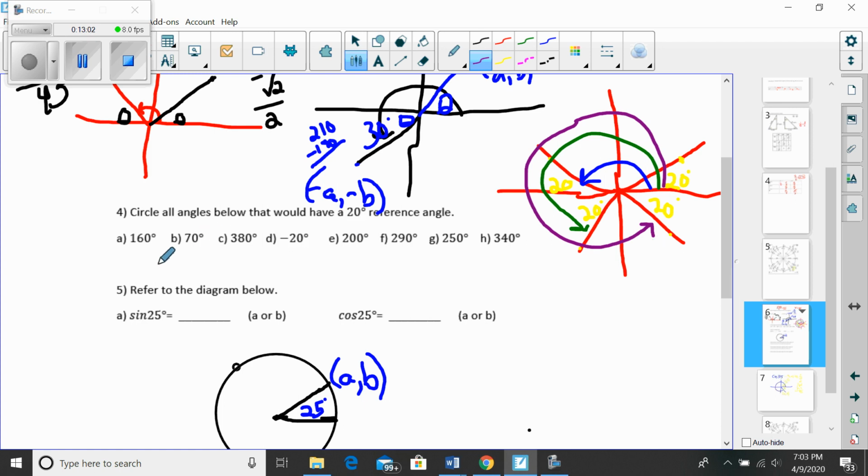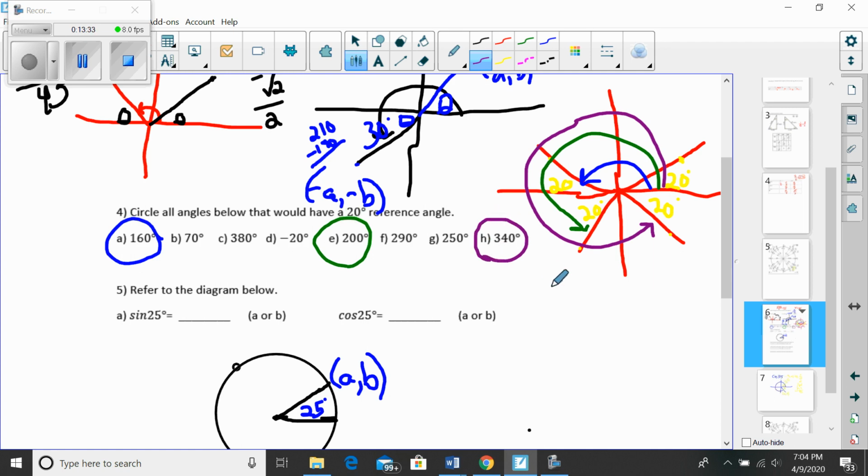So if I come over here and I start circling my choices, the angle in blue is that. Okay, the angle in green would be 20 more than 180, so the angle in green would be 200. The angle in purple would be 20 away from a complete rotation. So that would be this one.